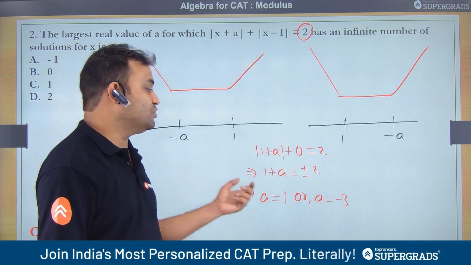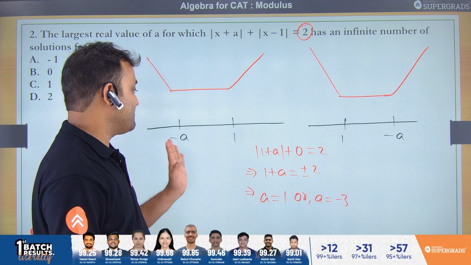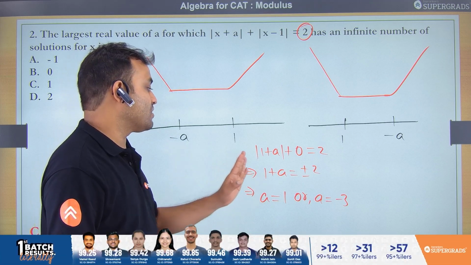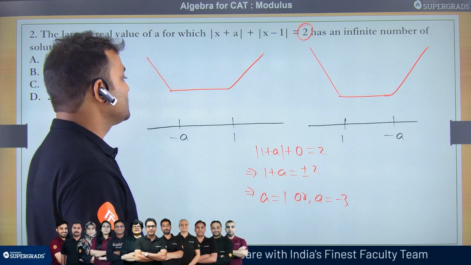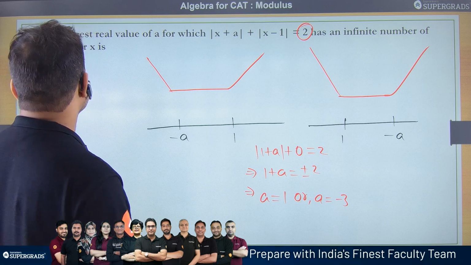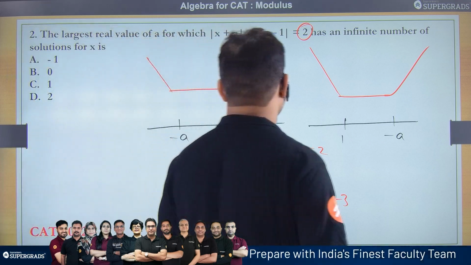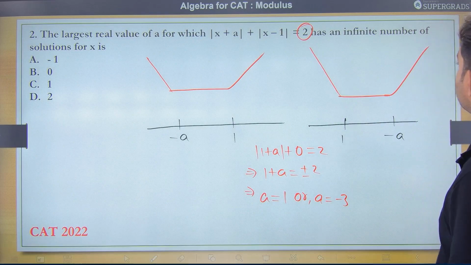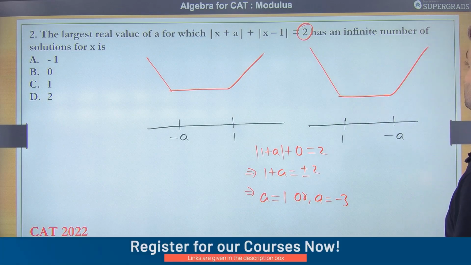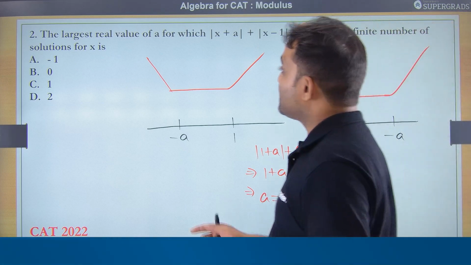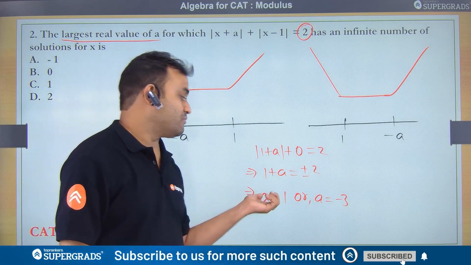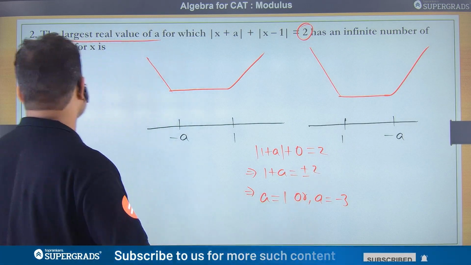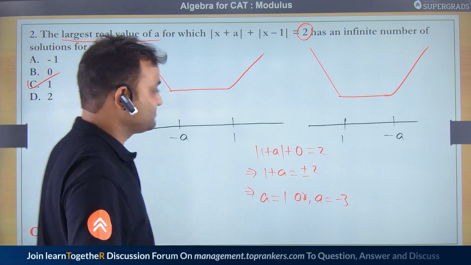So a will be equal to either 1 or minus 3. The question is, which of these is the largest real value of a? From 1 and minus 3, 1 is the largest. The answer is option C.